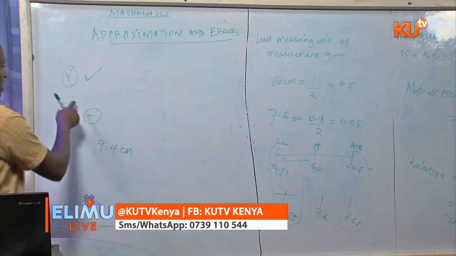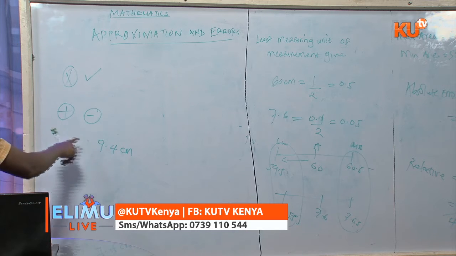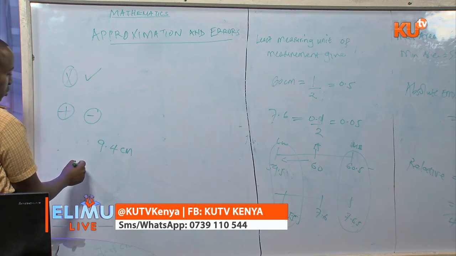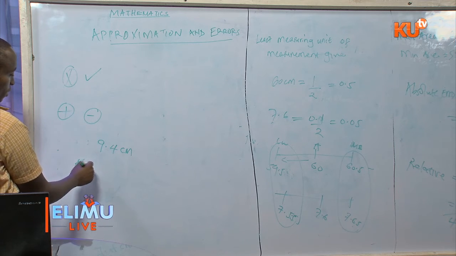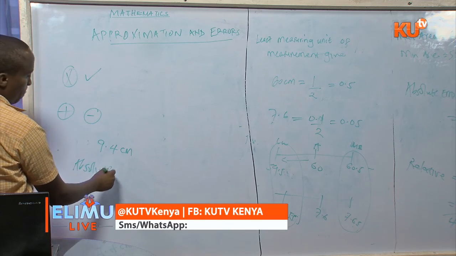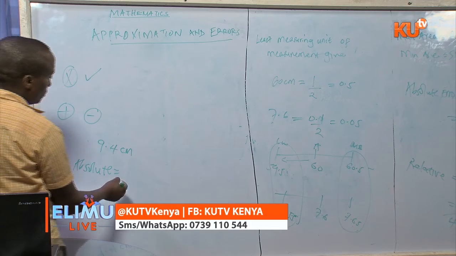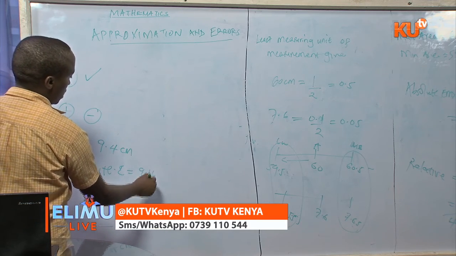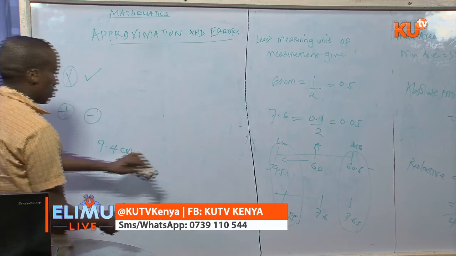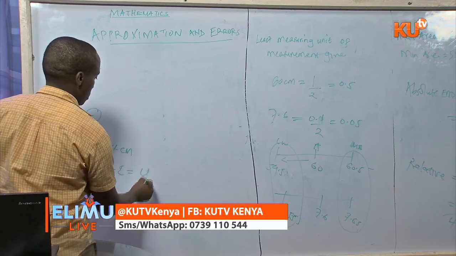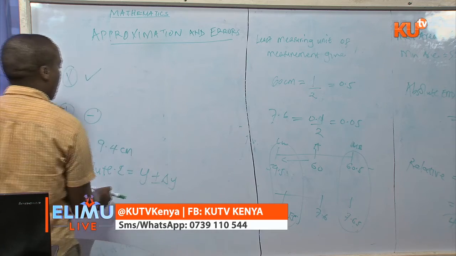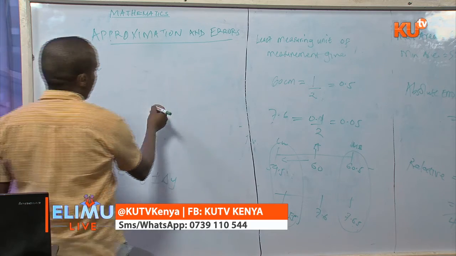When it comes to plus or minus, that's how to go about it. Absolute error is 4.9 plus or minus change of y.